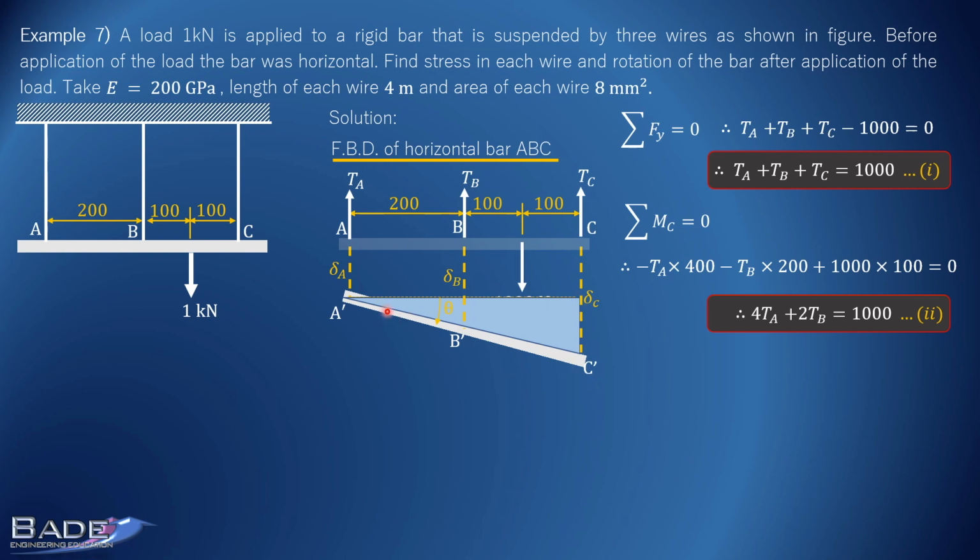Focus on this triangle. Height by base of the larger triangle equals height by base of the smaller triangle. A divided by 200. This distance is delta C minus delta A, and this distance is delta B minus delta A. So using the geometry of similar triangles, we can write delta C minus delta A, that is opposite side by adjacent side, equal to the smaller triangle's opposite side by adjacent side.